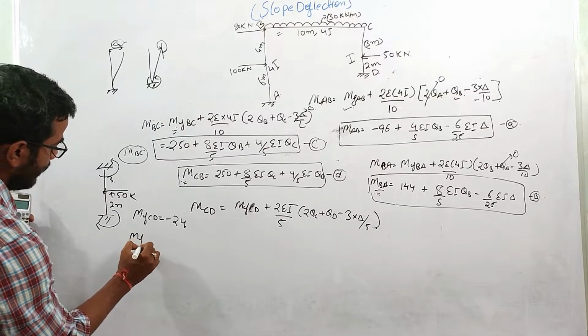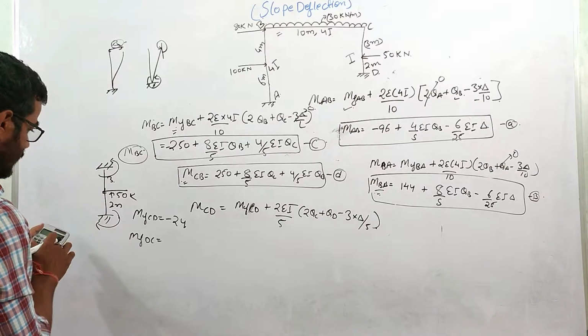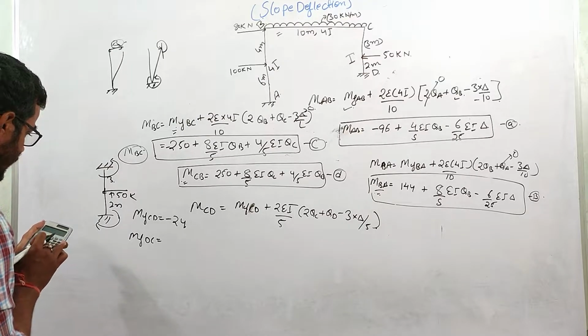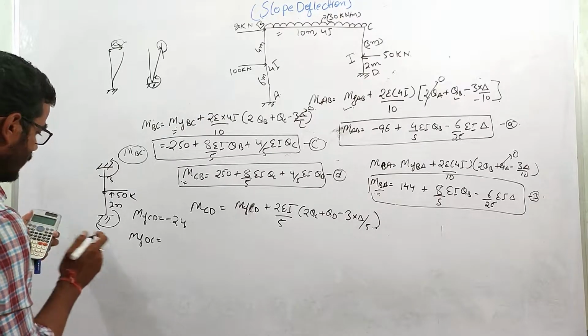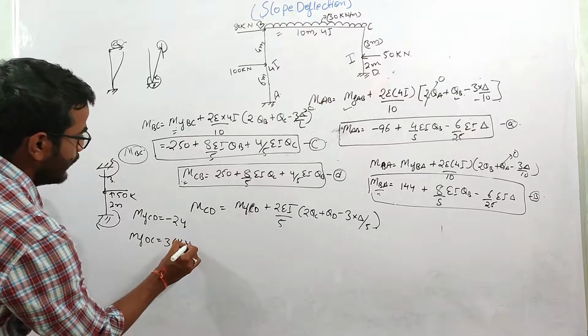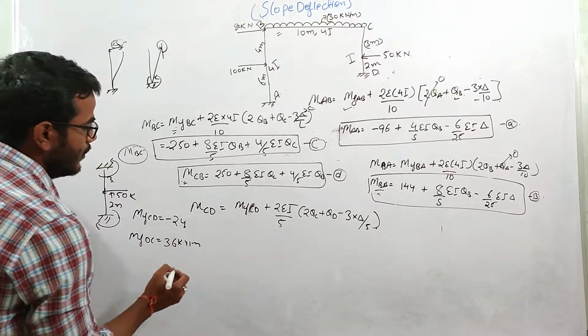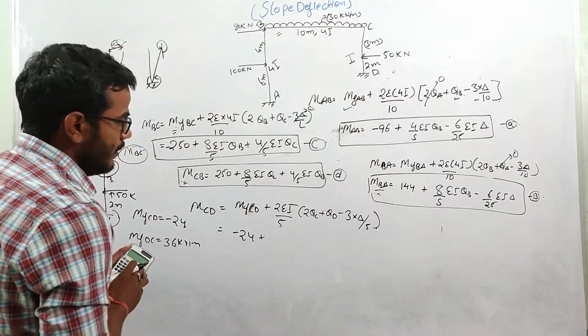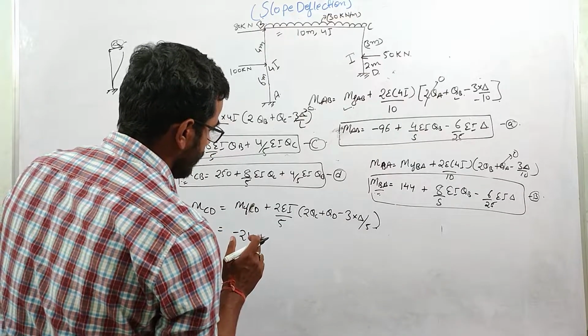And MFDC is 50 into 3 square into 2 divided by 5 square, so this value is 36 kilonewton meter.